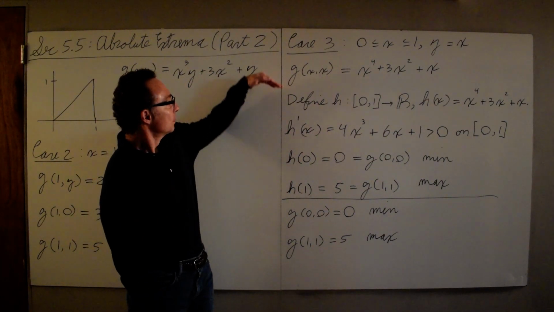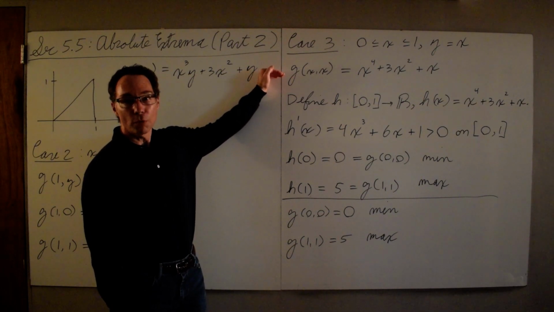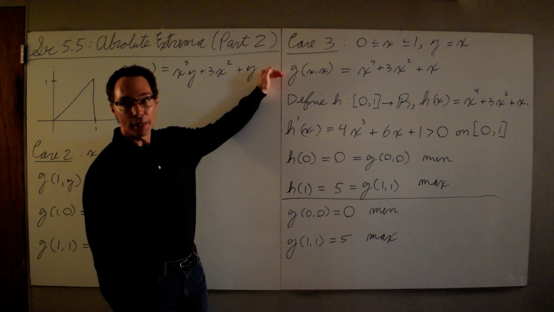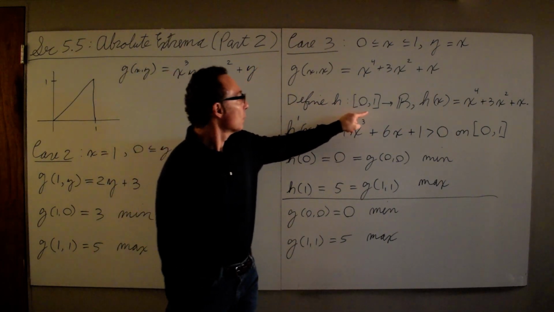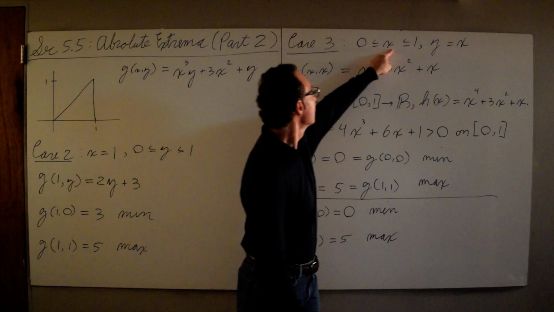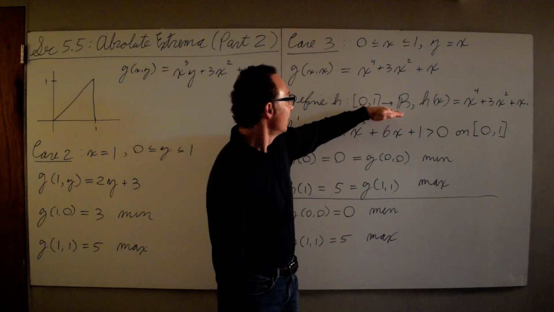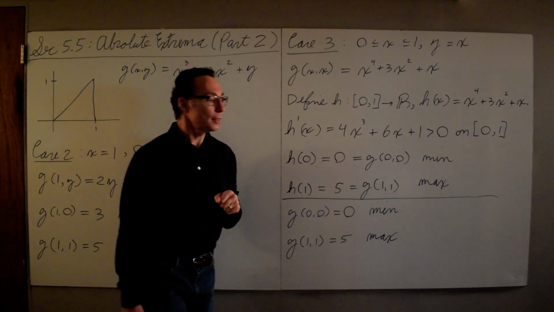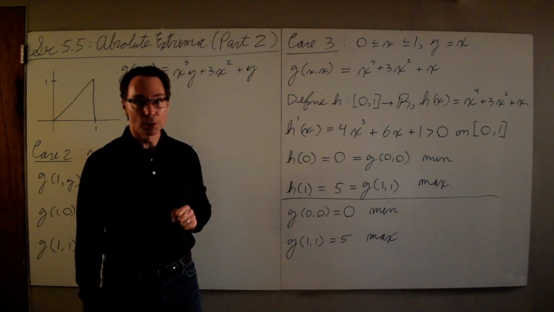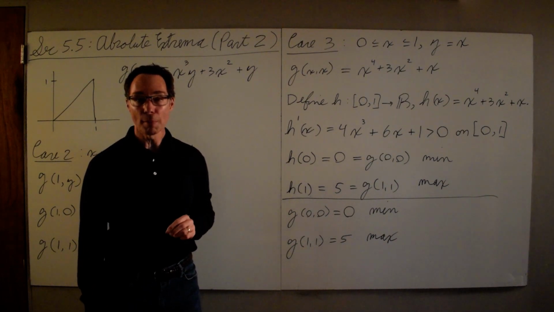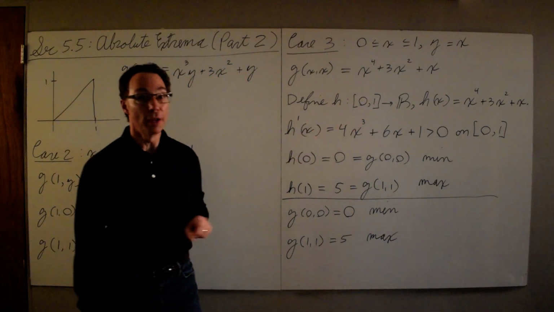Now, we're going to look at this in terms of a real valued function that we might have studied in Calculus 1. So let's define h from [0,1], because that's where x goes, into R. h of x is defined as x to the 4th plus 3x squared plus x. Now we want to find the max and min values of h on the closed interval [0,1].